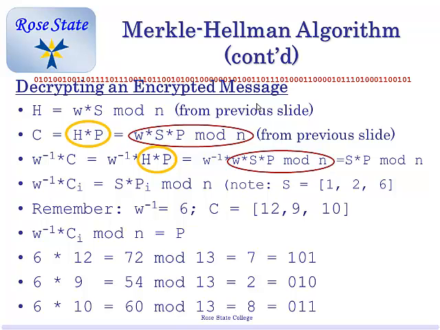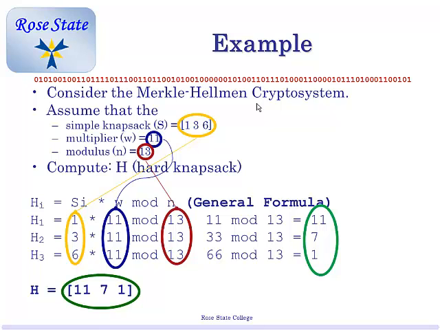So far so good? All right, so let's walk through an example. Here's exactly what you're going to see on the test. We have a simple knapsack of 1, 3, 6, 11, and 13. So h_i is equal to s_i times w mod n. It's called the general form. So h_1 is 1 times 11.